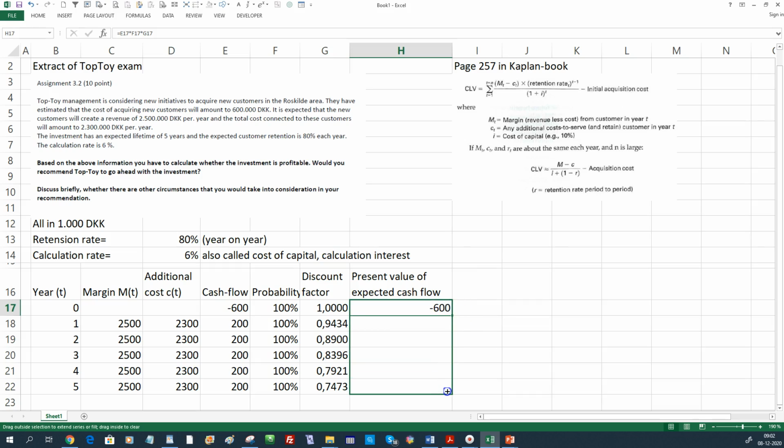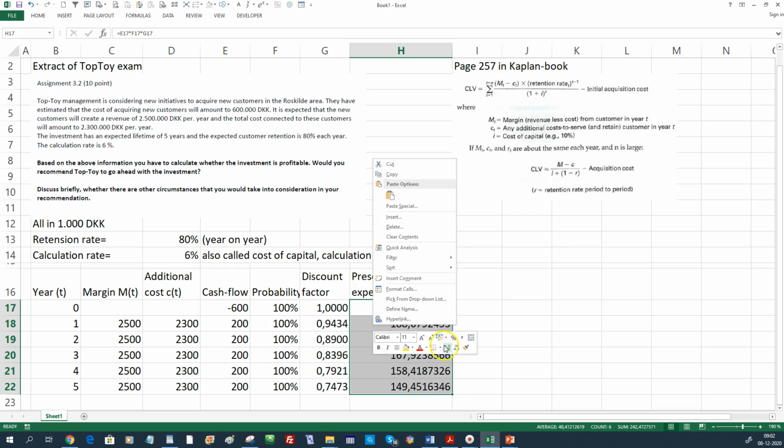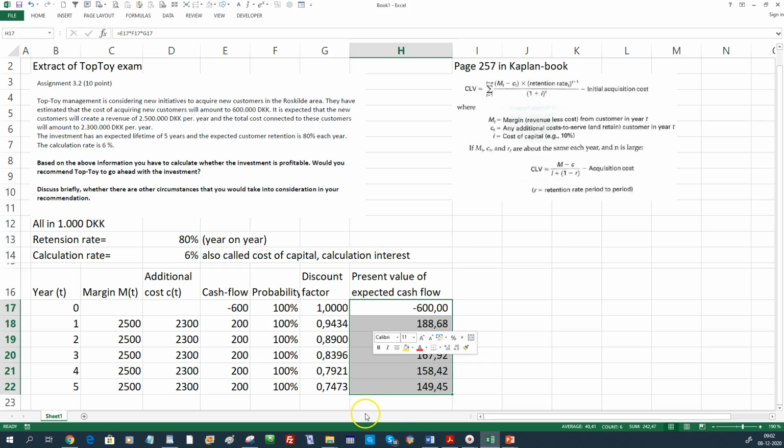Make the same calculation for the next years. I want to have 2 decimals, for instance. And now I have this, and I can add them together. It's the sum of all these numbers.